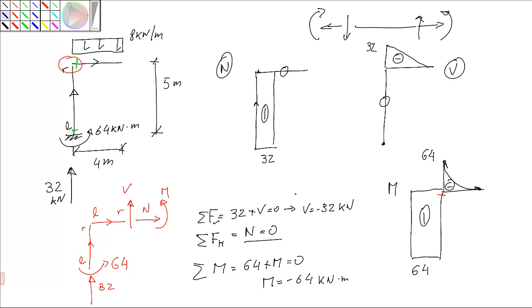I'm going to assume I have a normal force, a bending moment, and a shear. Now, in order to guarantee equilibrium of this node, I can compute these three internal forces. Just for simplicity, let's move this a little bit to the side.